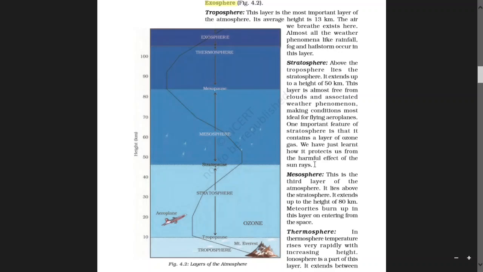We learned at the beginning of this chapter how it protects us from the harmful effect of the sun rays. So this ozone layer, boys, if there were no ozone layer, the rays of the sun could directly fall on us, okay, and human beings may suffer from skin cancer.